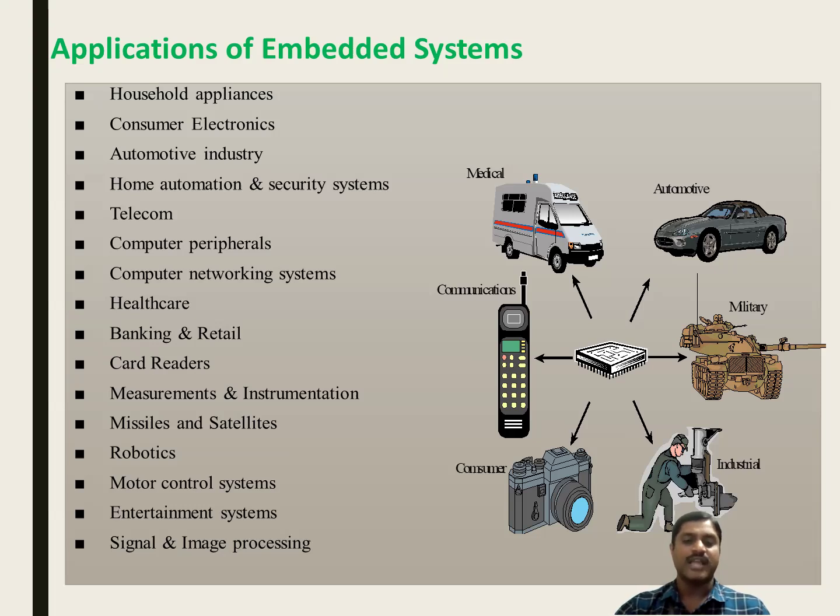And these embedded systems can be used in measurement and instrumentation applications, missiles and satellite communications, robotics, motor control systems, and entertainment systems. Finally, it can be used in signal and image processing applications. So these are the applications of embedded systems.